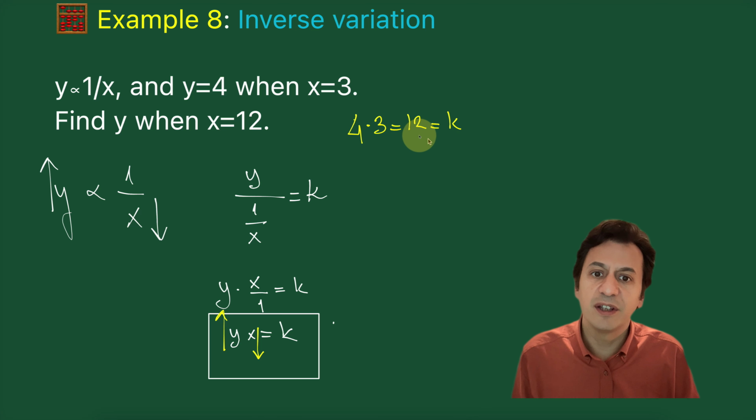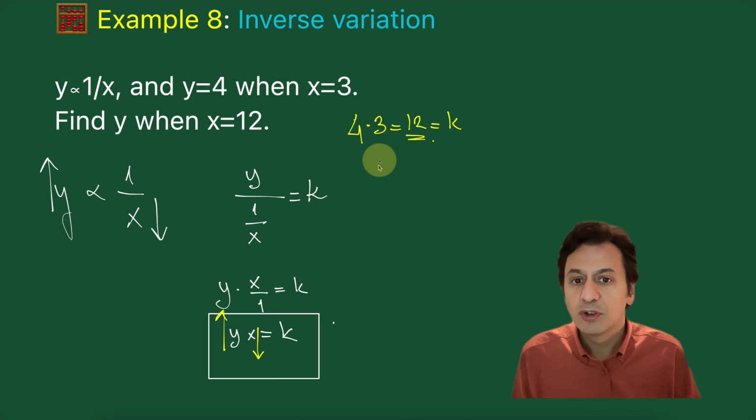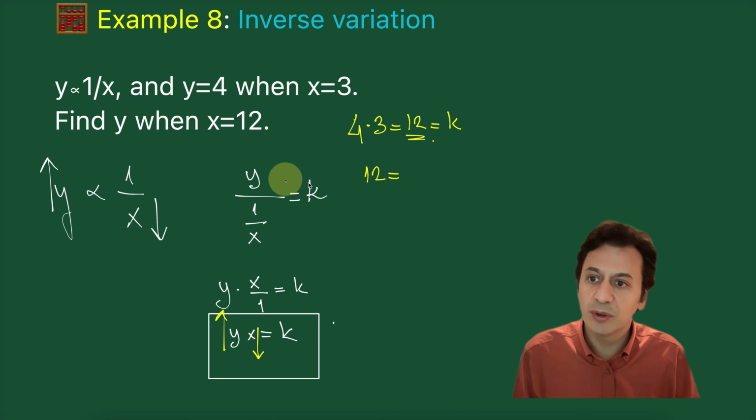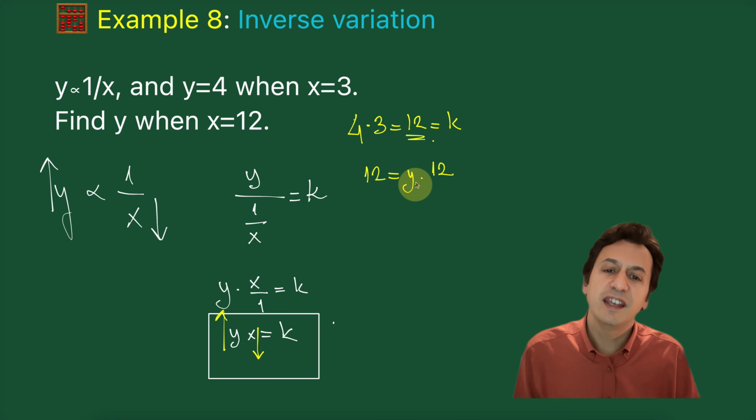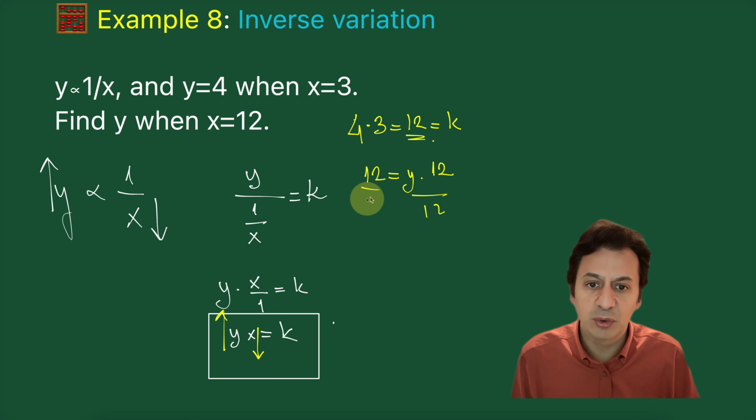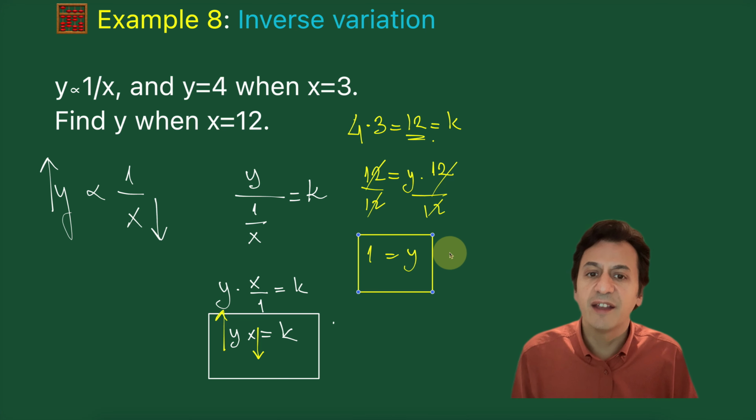This constant value is 12. So 12 equals to, find y times x is 12. Okay, in this case, dividing both parts by 12, 1 equals y, you find y as 1.